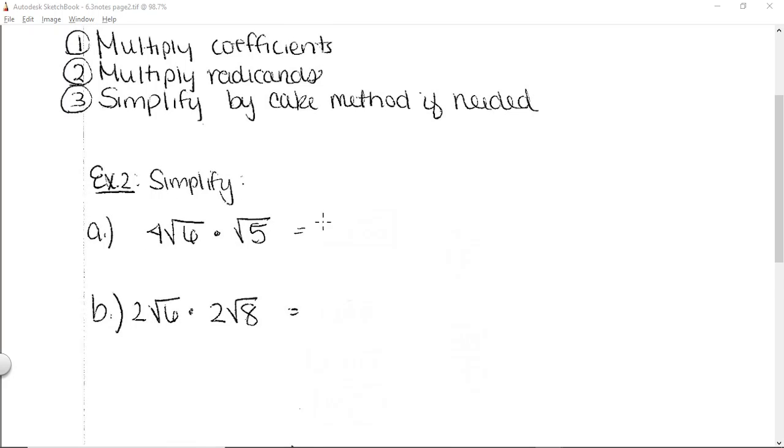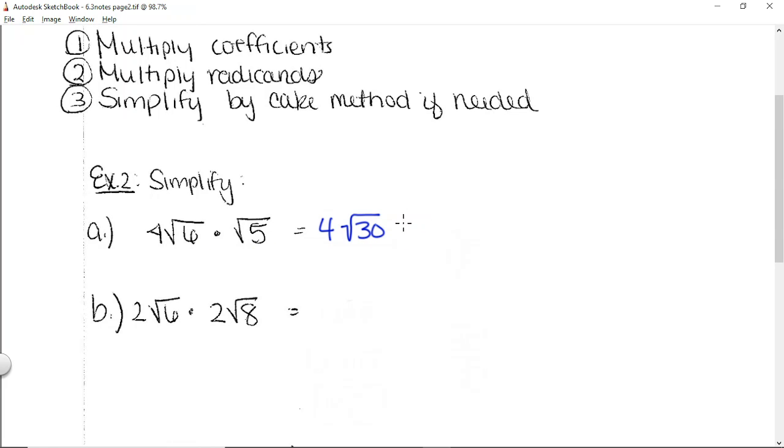So 4 times 1, or the coefficient is 1, we might say, if you wanted to write it. So 4 times 1 is 4. Now you multiply 6 times 5, and that's 30, inside the radicand. See, we take that and we multiply by that, and that's what goes inside.